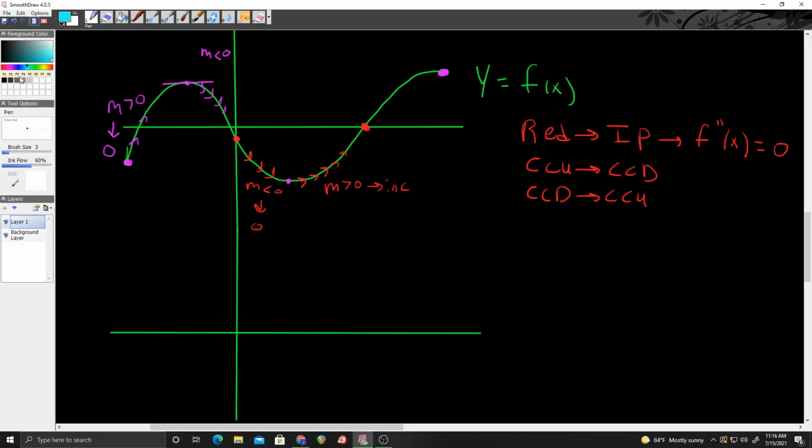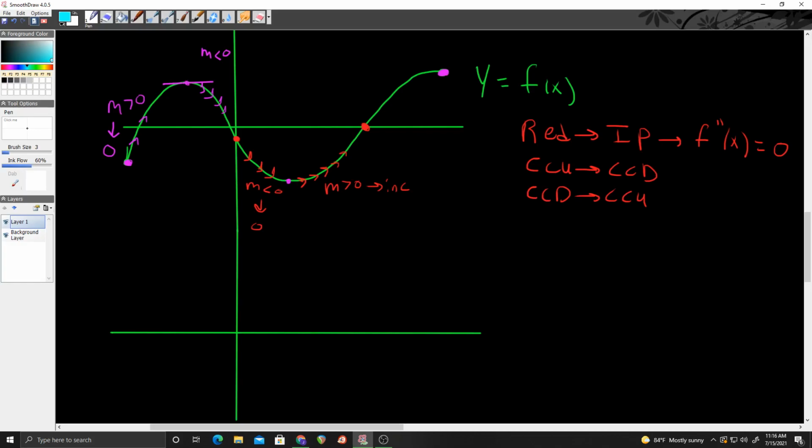So now let us try to plot the first derivative. Once again, for the first derivative we are looking at the slope of this graph. The slope starts very positive and then it tends towards 0. So I'm going to come straight down here.